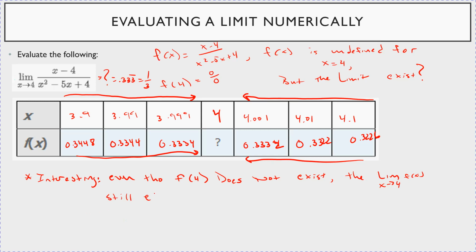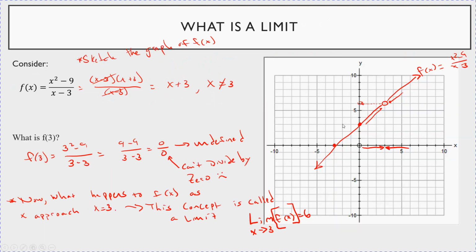Now, I don't want you to think that that will always work. That's not always the case. What you're seeing here is that as you go from below and as you go from above, you have to look like you're going to the same place. Like going back here, just looking at the graph, as x goes to 3 from below and as x goes to 3 from above, they're going towards the same place. They're both going towards this value 6.